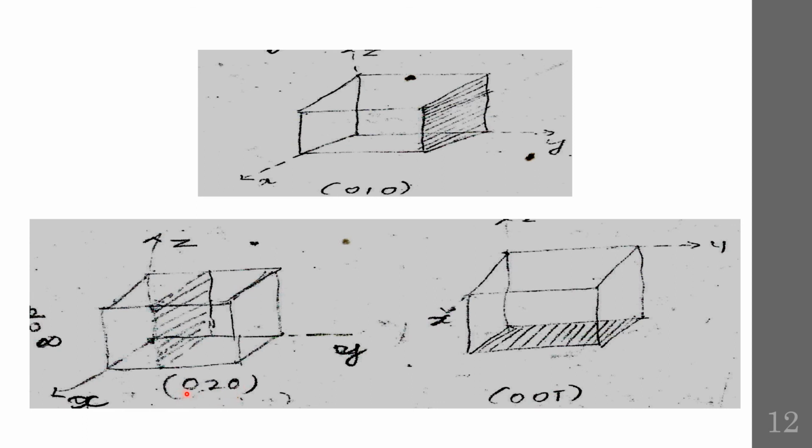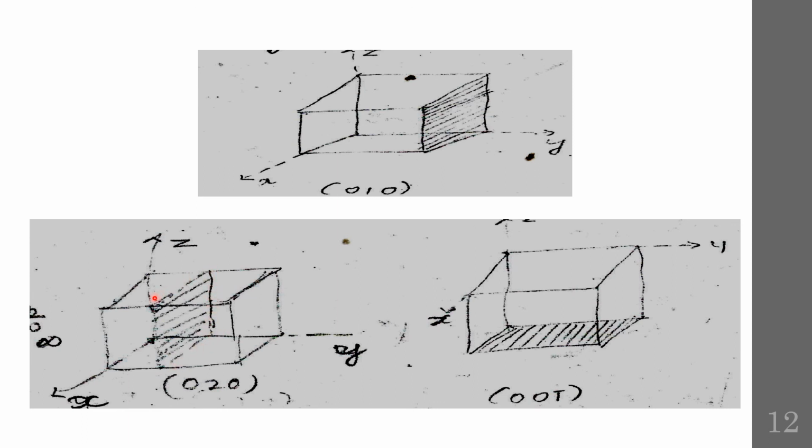If the Miller indices given is 0, 2, 0, that means we have to find the reciprocal of this Miller index 2. That will be half or 0.5. That means the plane is cutting the y-axis at half or at 0.5 and it is parallel to the x-axis and parallel to the z-axis.